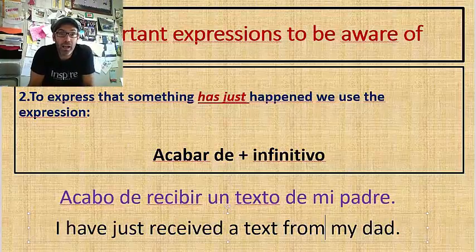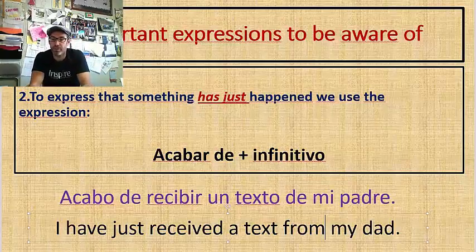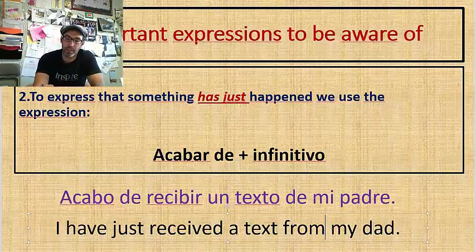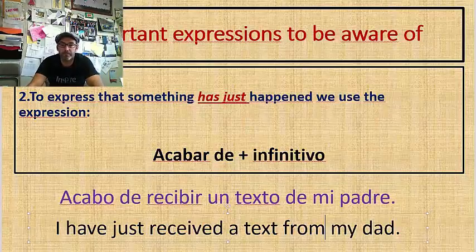So, acabo de explicar esta expresión. I have just explained this expression. So those are the two things to be aware of when you are thinking about using the pretérito perfecto and expressing yourself.